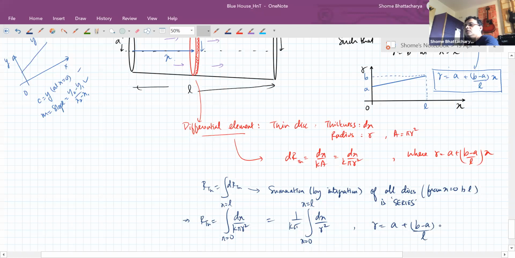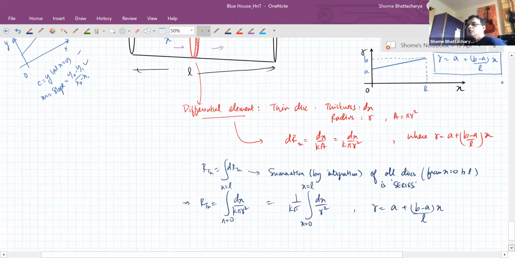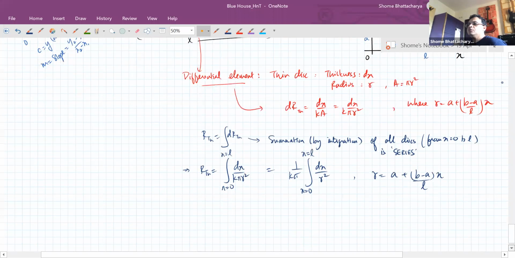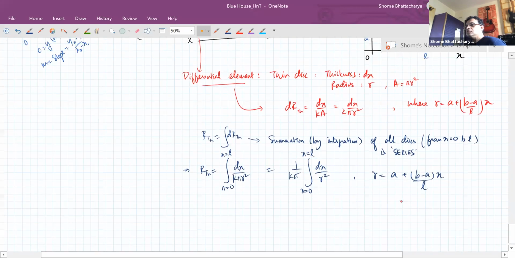Okay, so I'm coming to that. We are not going to substitute r in the denominator as this whole thing, because it will become very lengthy. The denominator will become a huge quadratic kind of thing, and we'll again have to re-substitute. So to avoid that complication, we will use a trick over here.